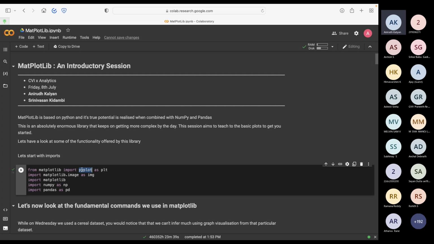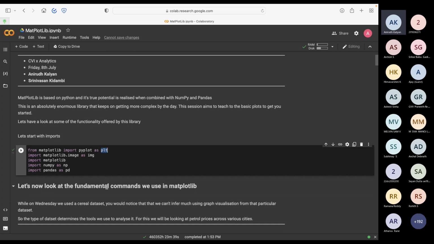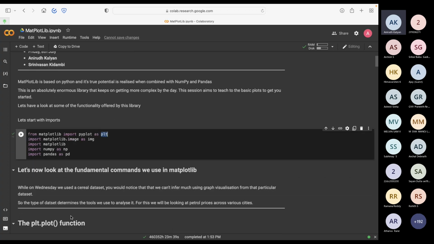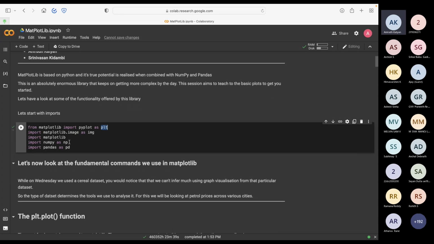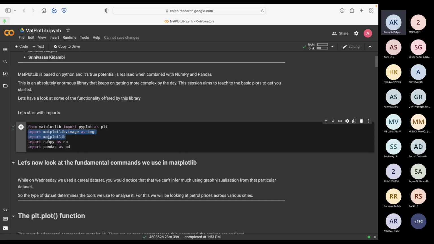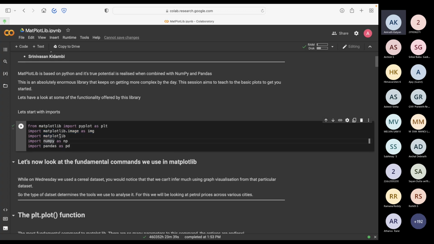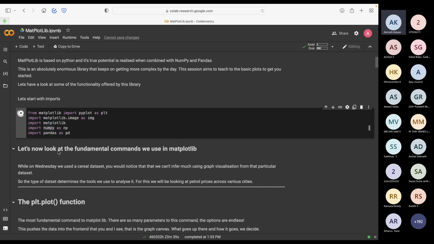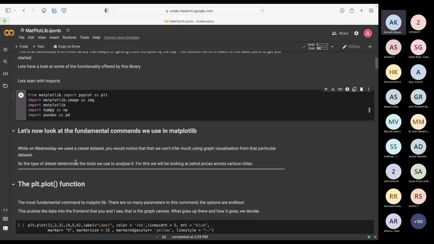Since we cannot type pyplot every single time, we are importing it with a pseudonym as plt. This is similar to using namespace std in C++ if you have done it before. And of course, we have done the same with NumPy and Pandas. I've also imported certain other sub-libraries and the entire library itself to deal with certain commands. As we can see, it runs.